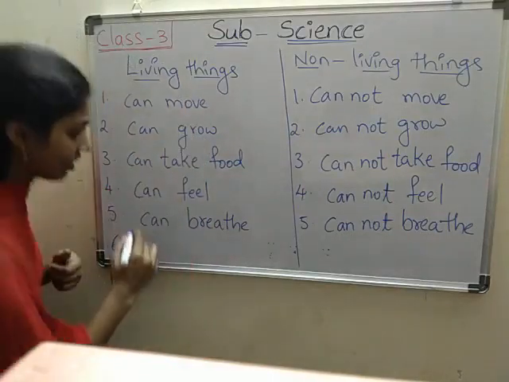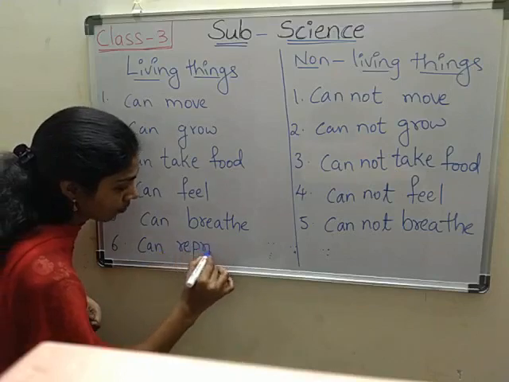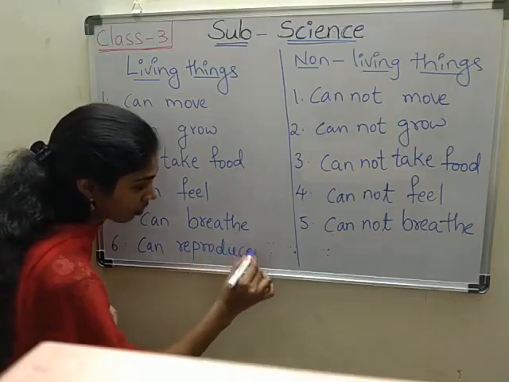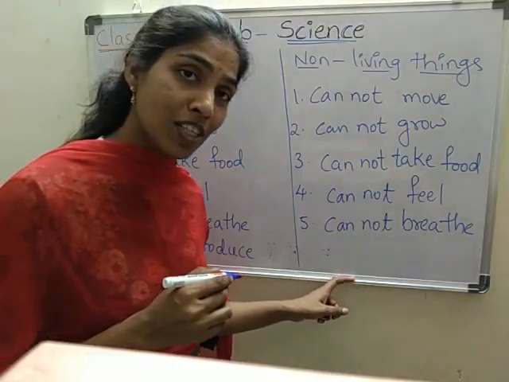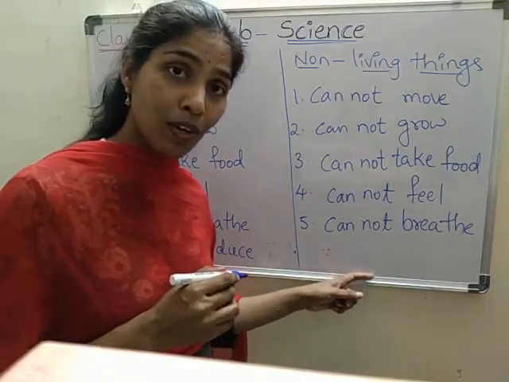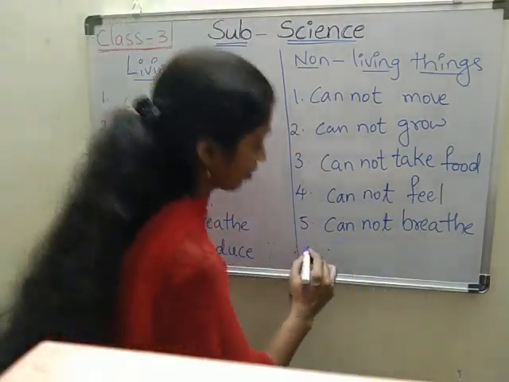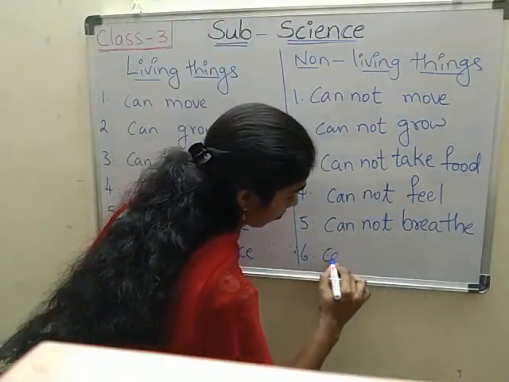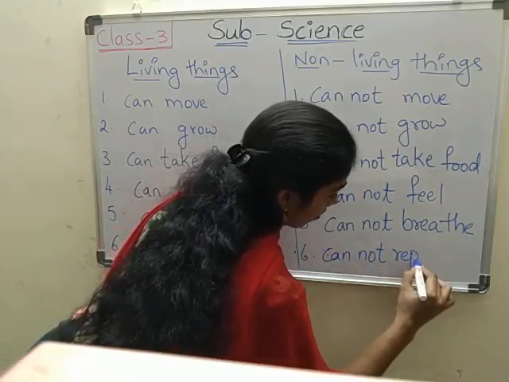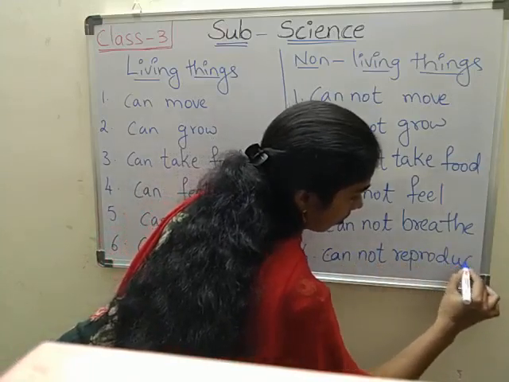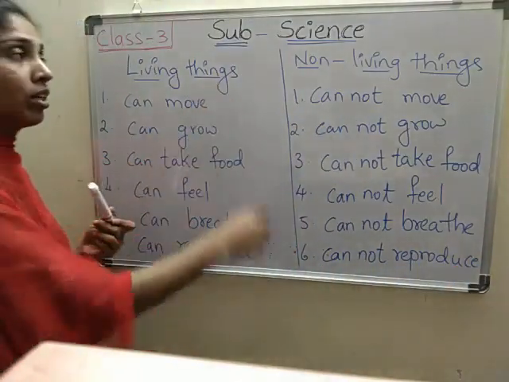Very good. Living things can reproduce. Can non-living things reproduce? No, non-living things cannot reproduce. Understood, children? Have you noted down?